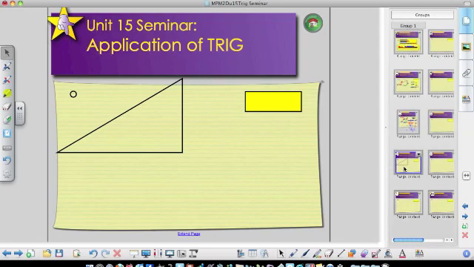Okay, so the next 2 problems are going to be quite challenging. I need you to really, really pay attention and draw the triangle meticulously. So let's first draw this triangle together.